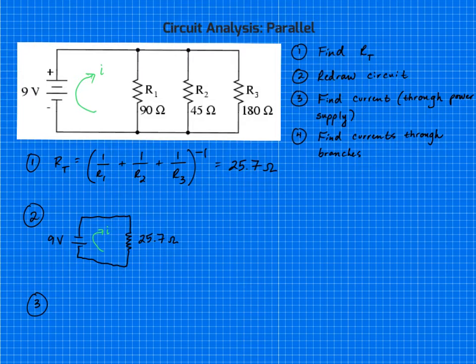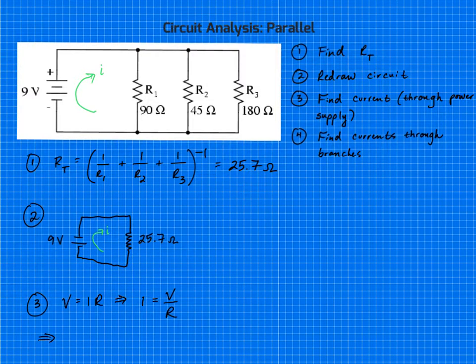So, from this simple redrawn circuit, I have a voltage and I have a resistance. So if we look at Ohm's law, V is equal to IR, well again, we are going to have I is equal to voltage divided by resistance.